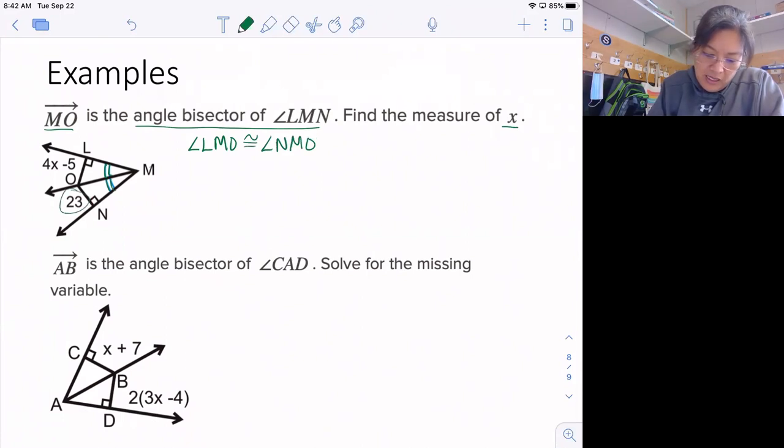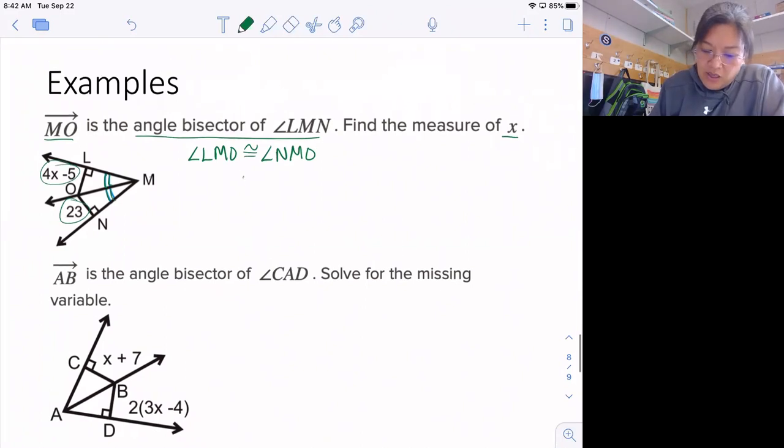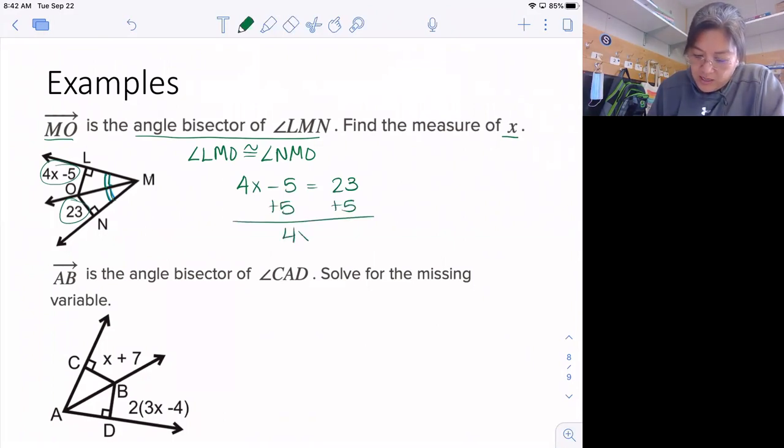So that means this and this have to be equal to each other because they're equidistant. So that means 4x minus 5 equals 23. We're going to add 5 to both sides. 4x is equal to 28. Divide by 4. X is equal to 7. Perfect.